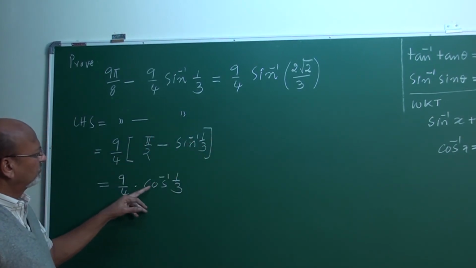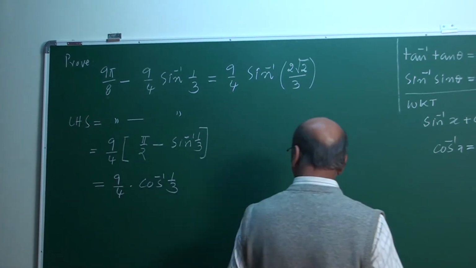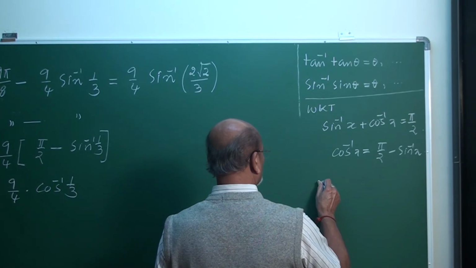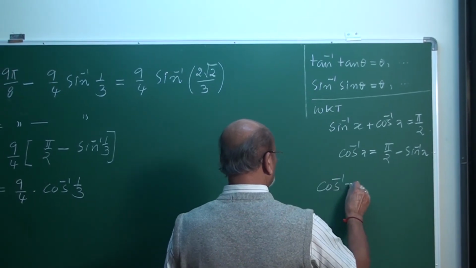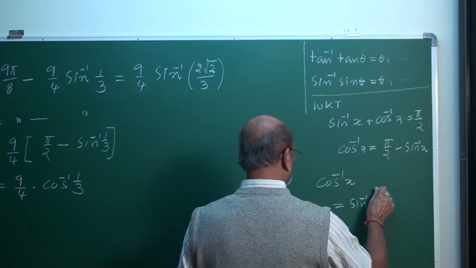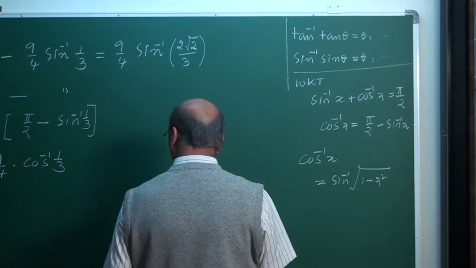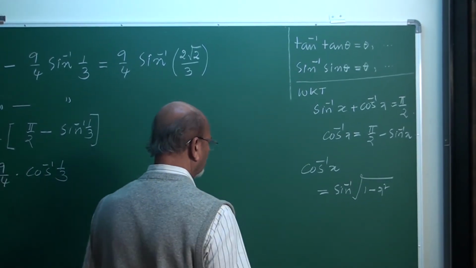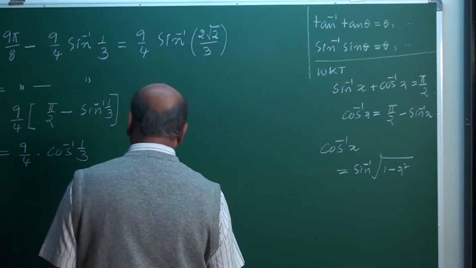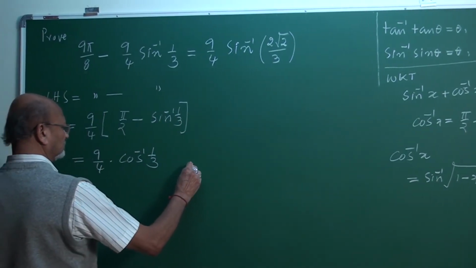But you have to convert from this cos inverse to sin inverse. Tell. What is another example, another result? This you know. Cos inverse x is sin inverse root 1 minus x square. Otherwise, what is another one? Yes, see.